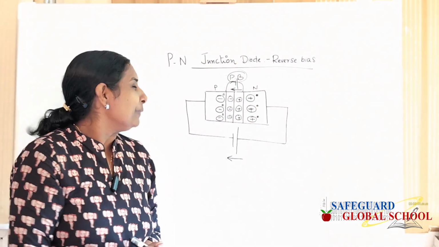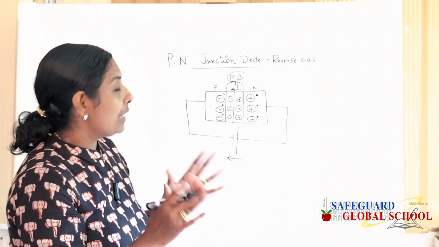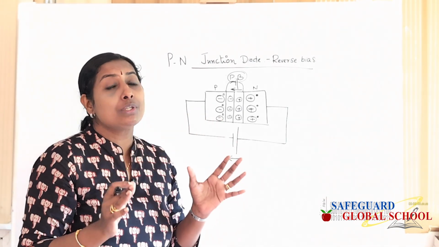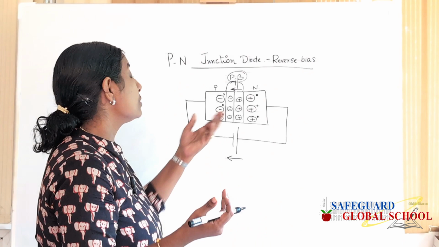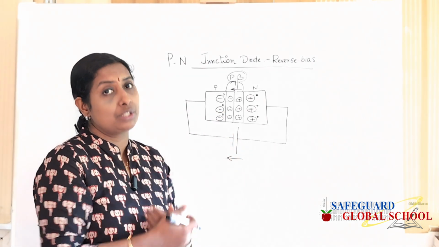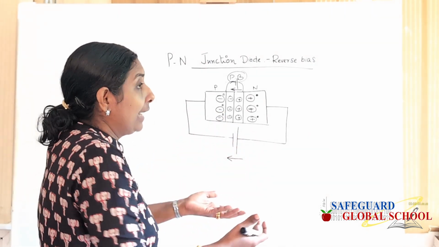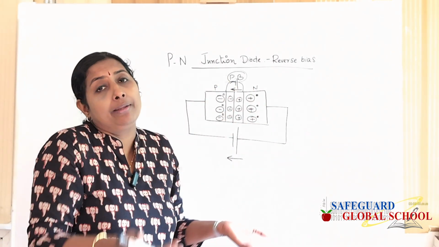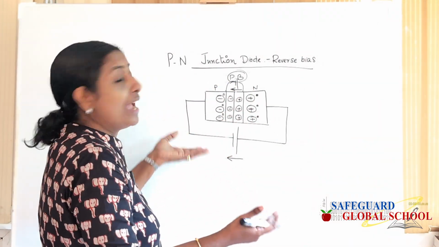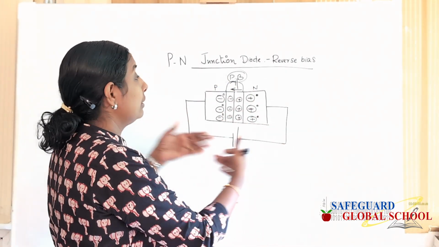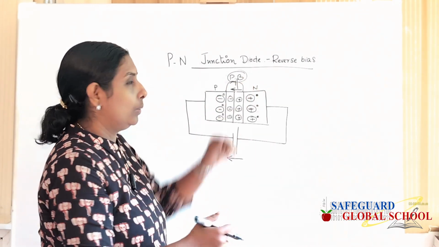So just think, the potential barrier is of course the thing which is not allowing the electrons or the holes to move across the junction, and we are applying a battery which is aiding the potential barrier, means there may not be a chance of the majority carriers crossing this junction in the reverse bias.